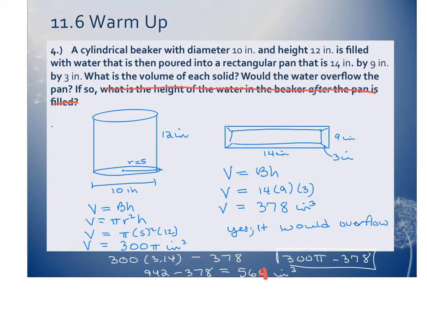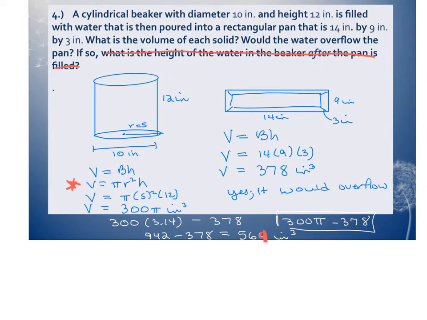So here I'm going to find the volume of the cylinder, pi r squared height. That volume is 300 pi. Now, if I didn't use the pi button and I just multiplied 300 times 3.14, notice the volume of that beaker is 942 cubic inches.